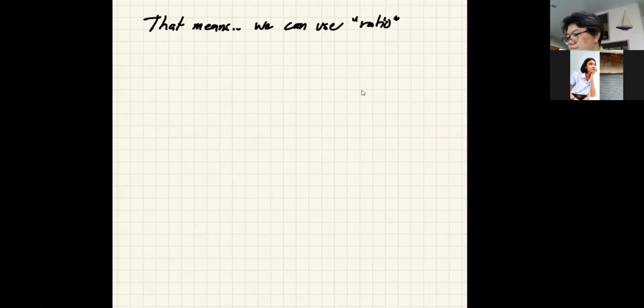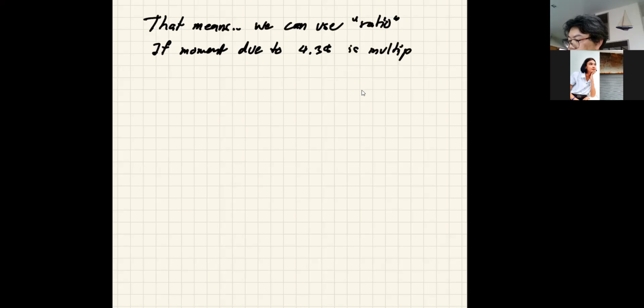So, if moment due to load of how much? 4.38 is multiplied by, you want moment due to 0.82, right?